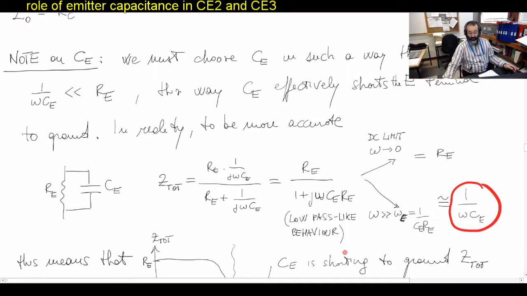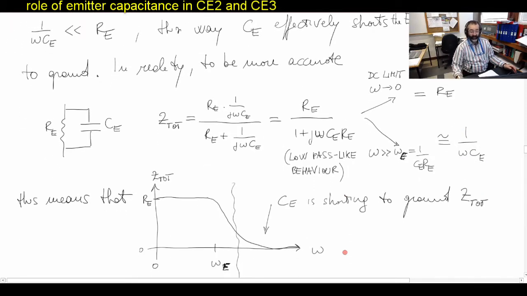So if omega is large enough that even this is relatively small, a few ohms or even smaller, then we can effectively assume that the emitter is shorted to ground, and so everything we've said today holds.